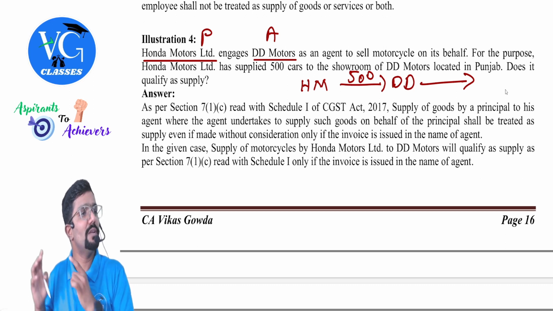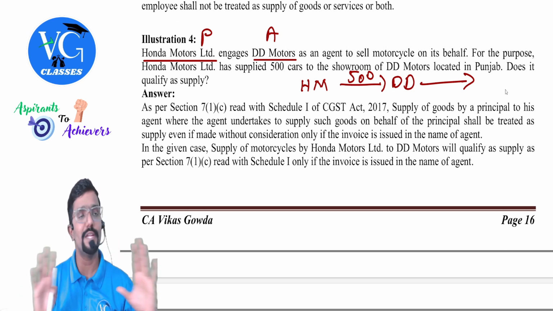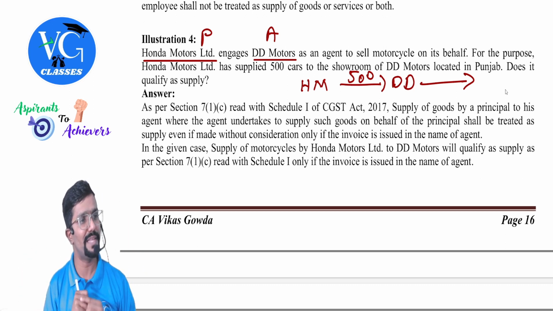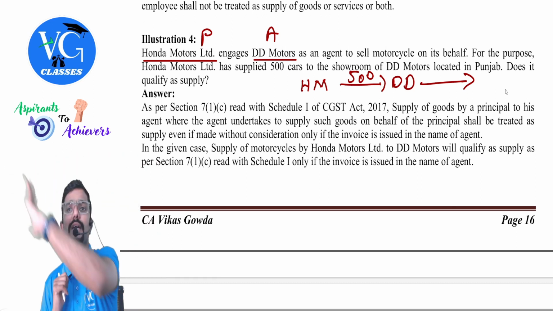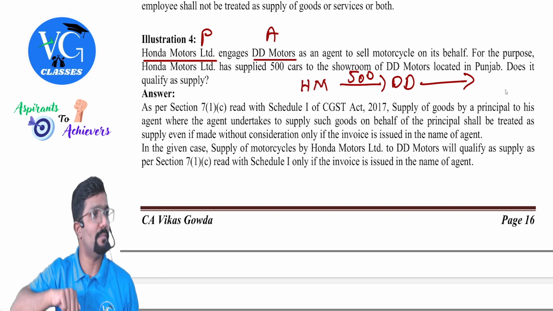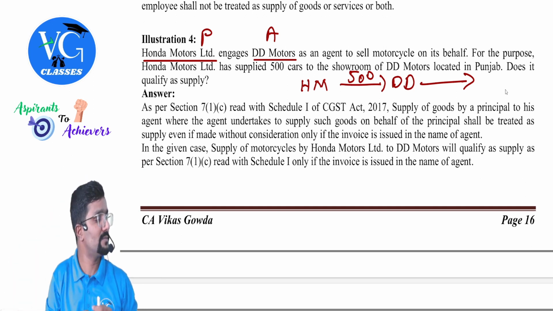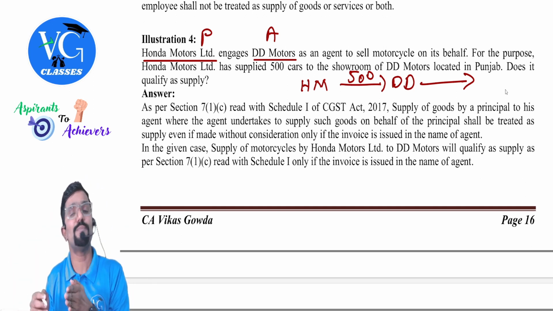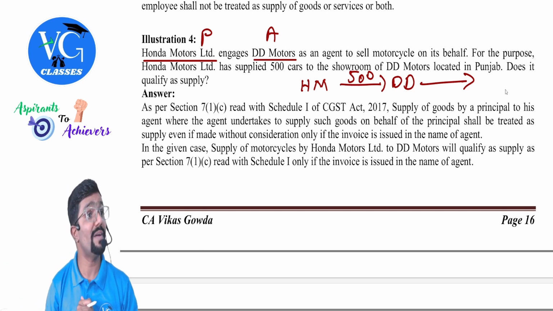If they are issuing the invoice in the name of Honda Motors, there is no separate supply. Only one supply will be there, that is between principal and customer. Sir, what if DD Motors is issuing the invoice in their own name? Then there will be two supplies. One is from principal to agent as per para 3. Another one is from agent to customer as per 71A.